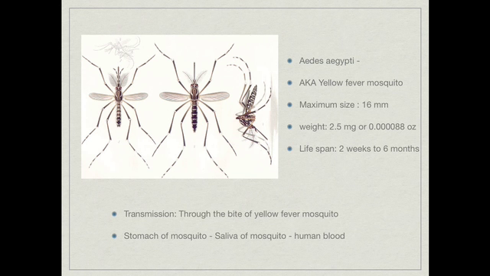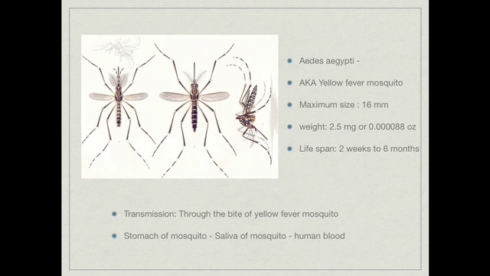And yellow fever is usually carried by Aedes aegypti, also known as the yellow fever mosquito. The yellow fever mosquito has a maximum size of 16 millimeters, and the weight is usually 2.5 milligrams, or 0.0008 ounces. It's tiny. And the lifespan usually varies from 2 weeks to 6 months.